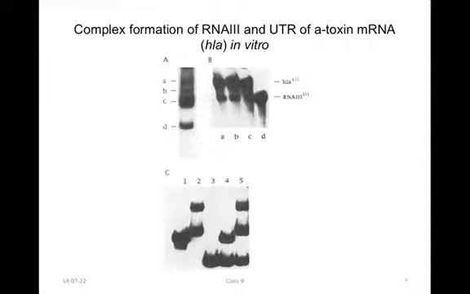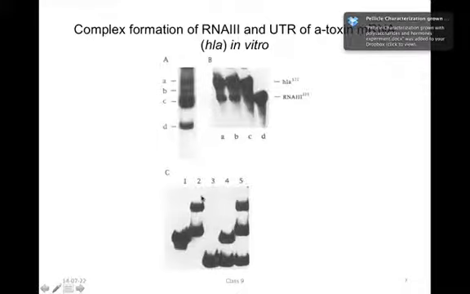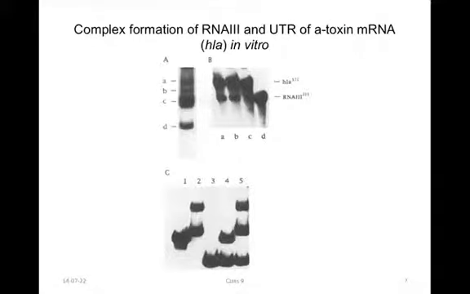Again, this is a non-denaturing gel, so it's kind of a big clump. And then in letter C, they're adding restriction enzymes to show that you get different size bands. But you're also getting a complex formed when you add the 2 together.